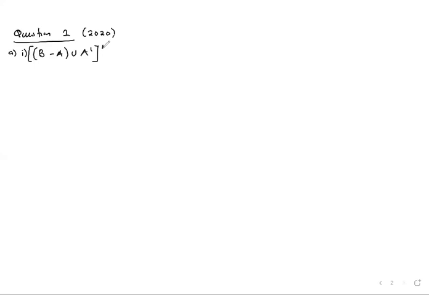About simplifying sets, there will always be union, intersection, complement, minus. So for minus, by definition, if I have A minus B, this is exactly the same as A intersection B complement.